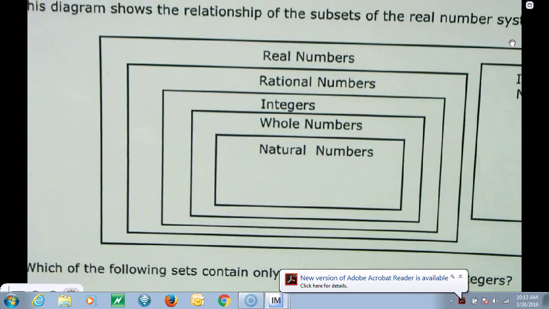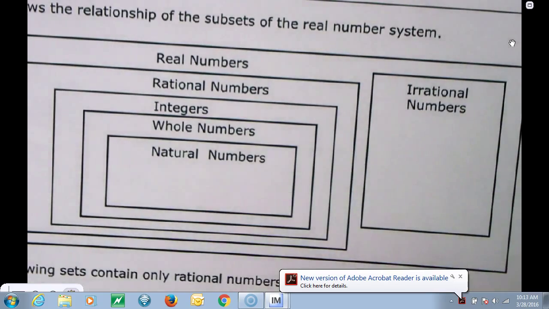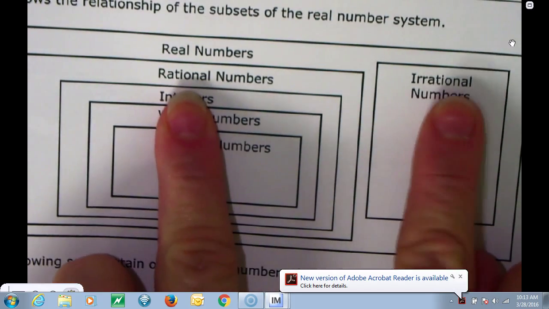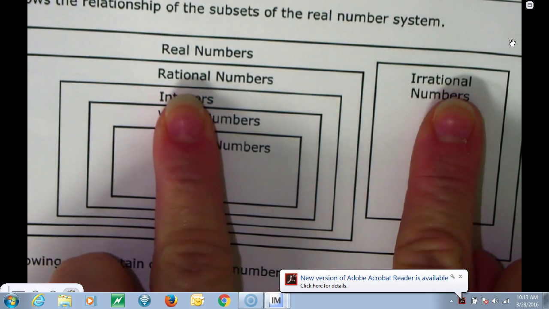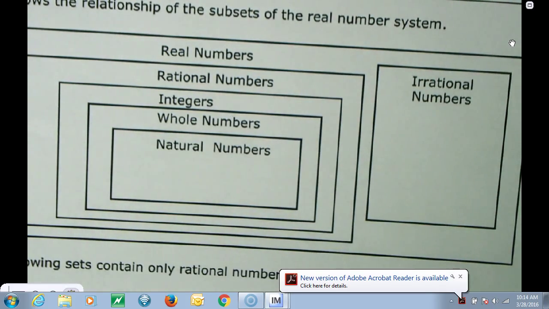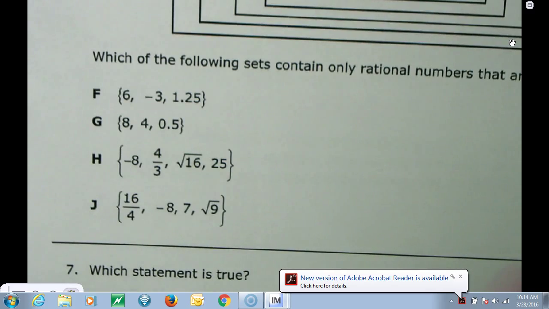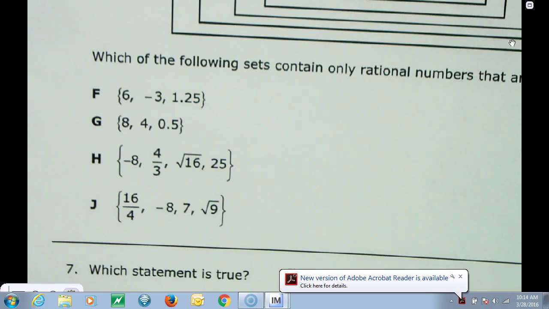Okay, look at 6. Do you remember that real numbers are divided into two? Rational, irrational. So you got integers, whole numbers, natural numbers. Which of the following sets contains only rational numbers that are integers?